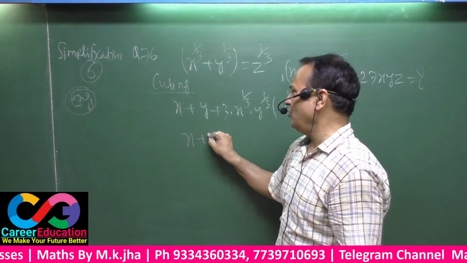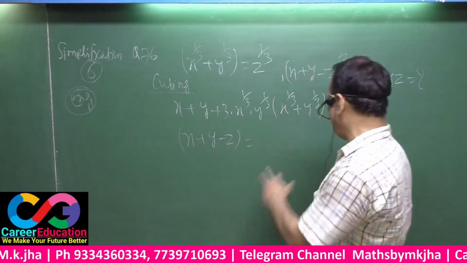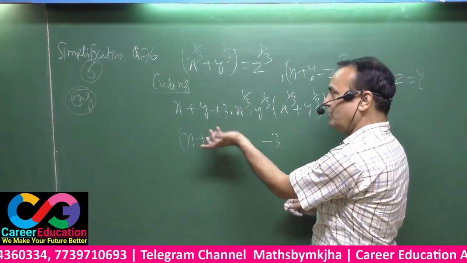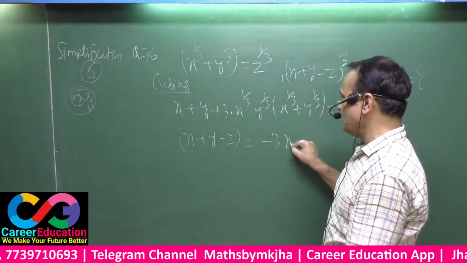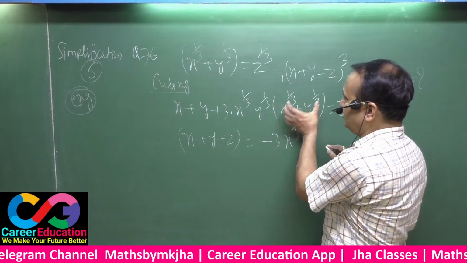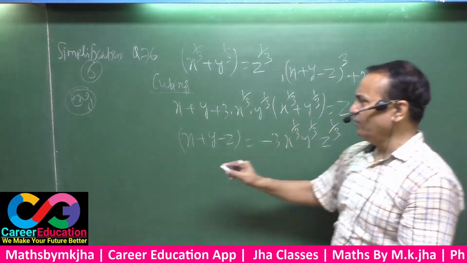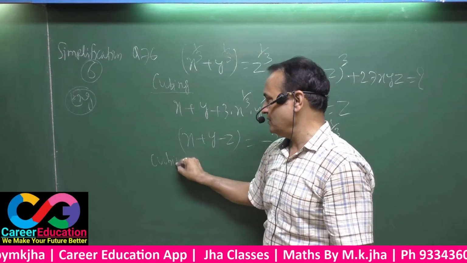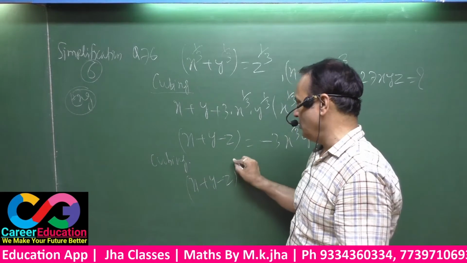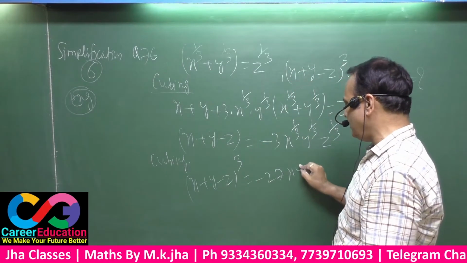Now you got the value of x plus y minus z equals to minus 3 x power 1 by 3 y power 1 by 3, and this is z power 1 by 3. This will be going that way. See here, this is z 1 cube. Again cubing both sides gives you x plus y minus z whole cube equals to cube of this, that is negative 27 xyz.